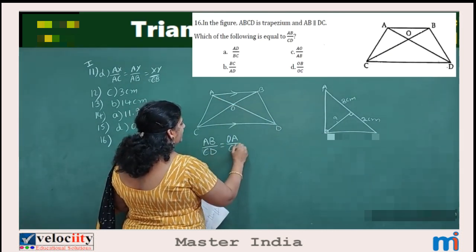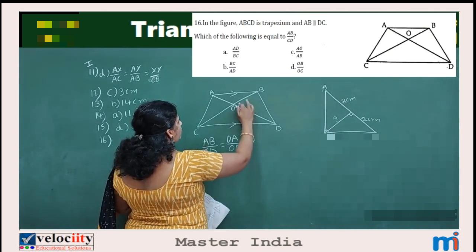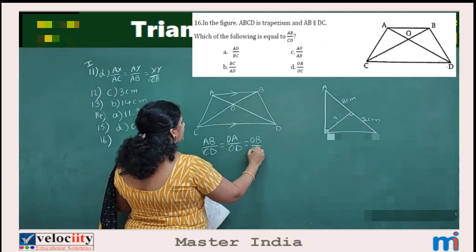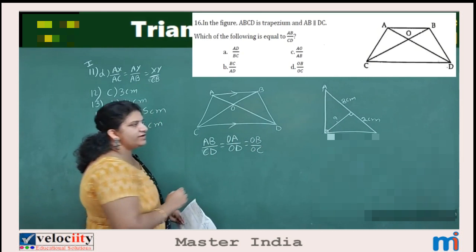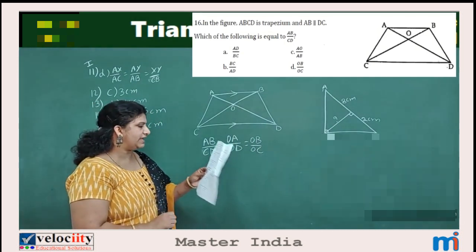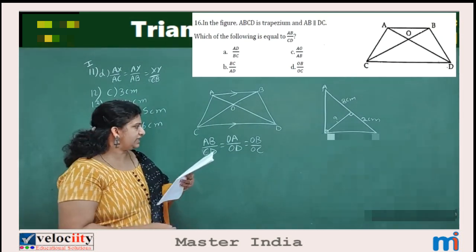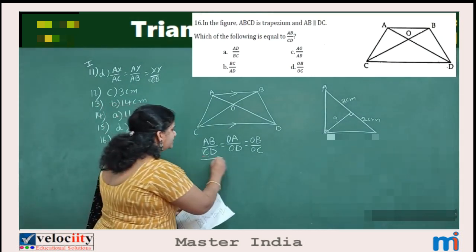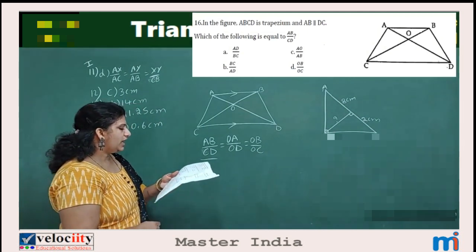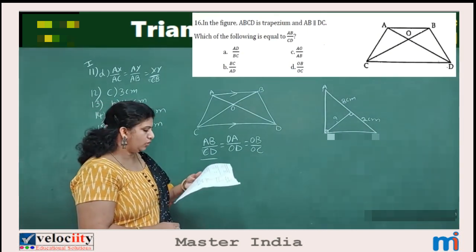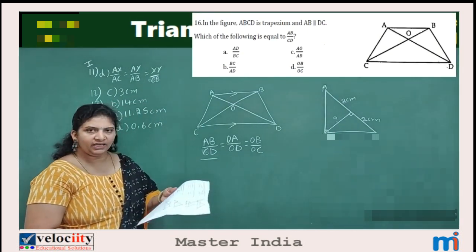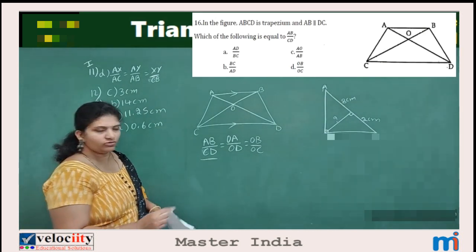OA by OD is equal to OB by OC. So which ratio do you have in your answer? Let us check it out here. Is it AD by BC? No. For this you need to find the answer. AO by AB? No. BC by AD? No. OB by OC?